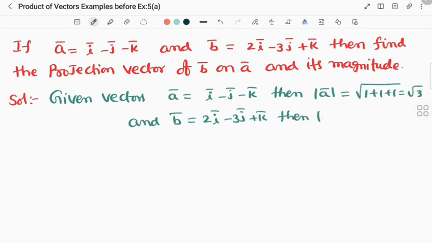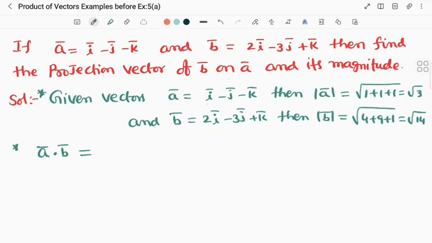Then mod B bar, not required, but we calculate it: 4 plus 9 plus 1, that is equal to root 14. Next, we need to calculate the dot product of the two vectors A bar and B bar. So A bar dot B bar. I already said that formula, A1 B1 plus A2 B2 plus A3 B3.